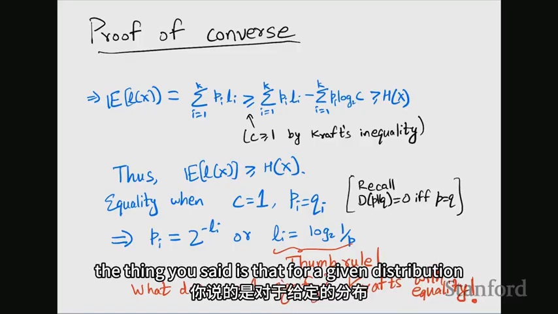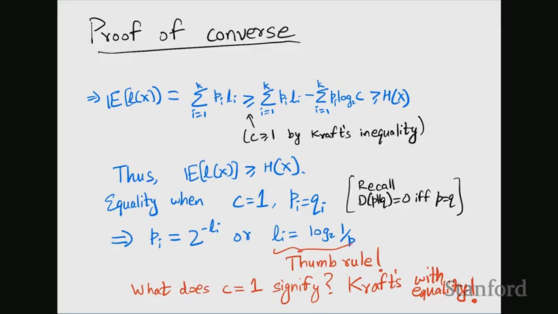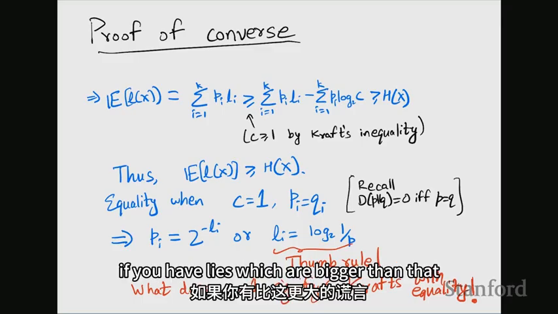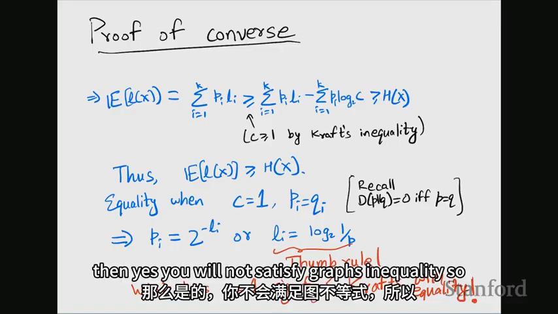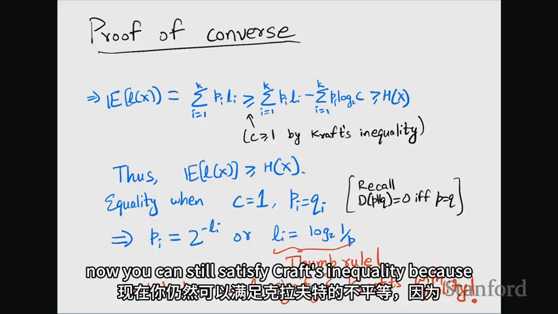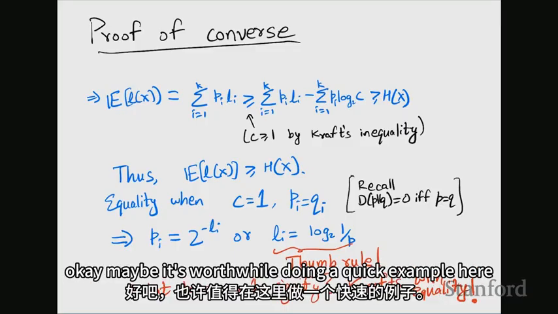However, the thing you said is that for a given distribution, if you do not have Li equal to log 1 over pi, if you have Li's which are bigger than that, then yes, you will not satisfy Kraft's inequality. No, I take it back. You can still satisfy Kraft's inequality. Maybe it's worthwhile doing a quick example here.